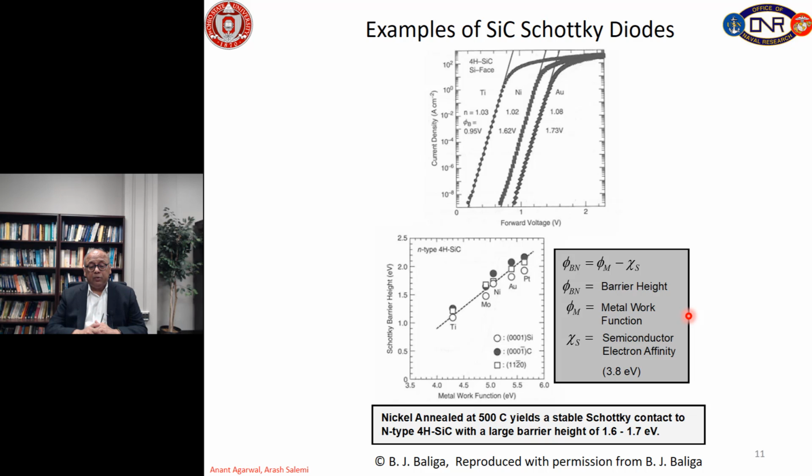Then there are some examples of silicon carbide Schottky diode. These results were published in a paper, and they have been reproduced in Professor J. Baliga's book. You can see that here we have studied 3 different metals, Ti, nickel, and gold for silicon carbide N-type material, and you can see that as we move from Ti towards gold, the barrier height increases and therefore the knee voltage increases.